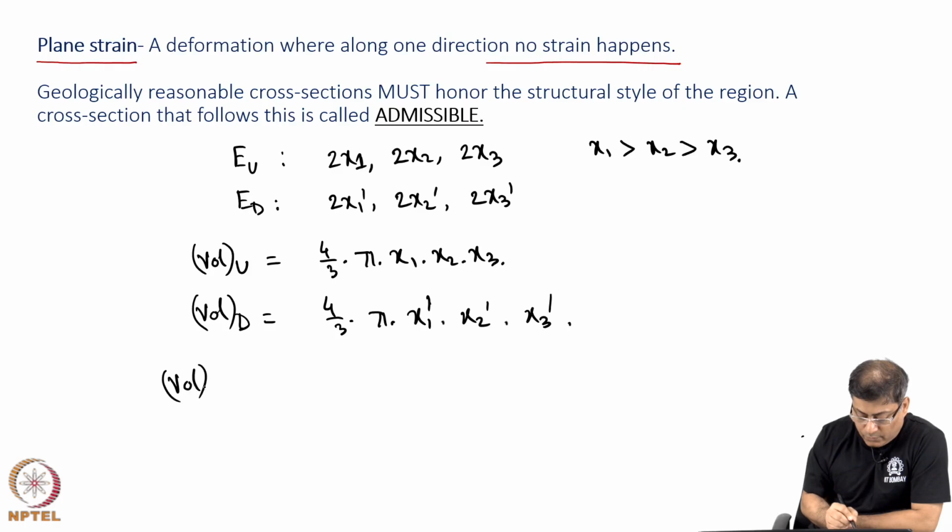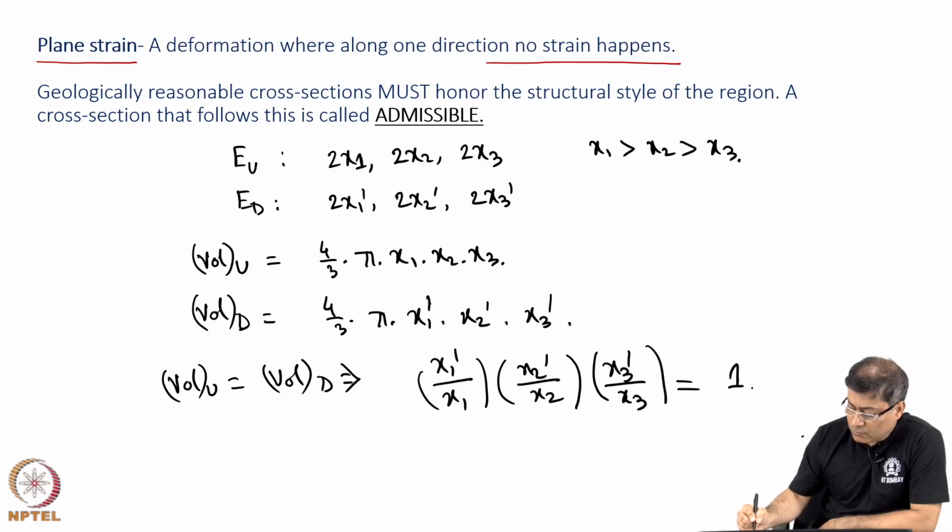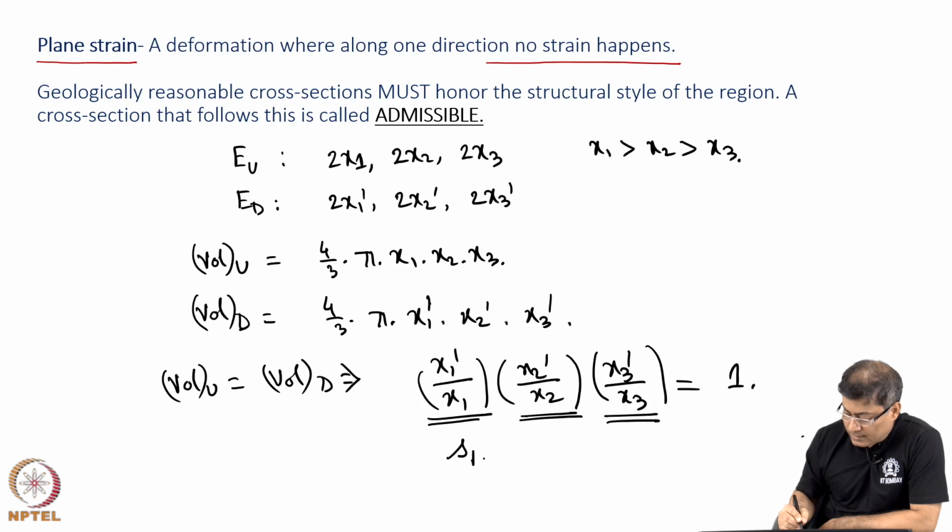If the volume undeformed is equal to the volume deformed, we can write x1 dash by x1, x2 dash by x2 and x3 dash by x3 is equal to 1, and as I said earlier, these are the stretches S1, S2, S3.